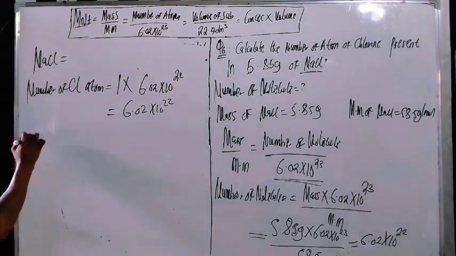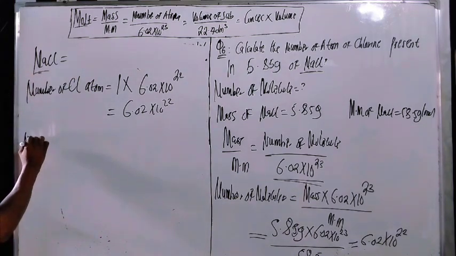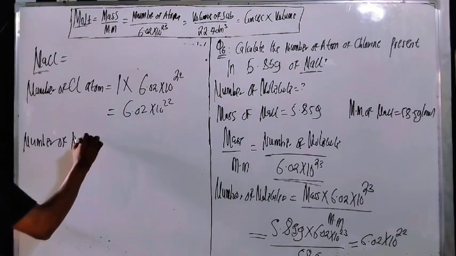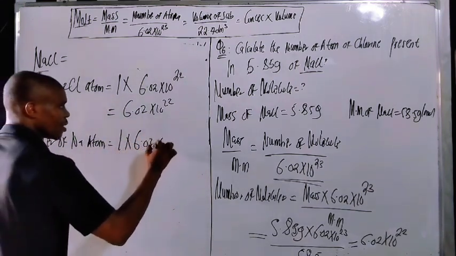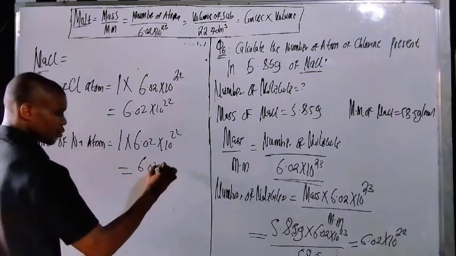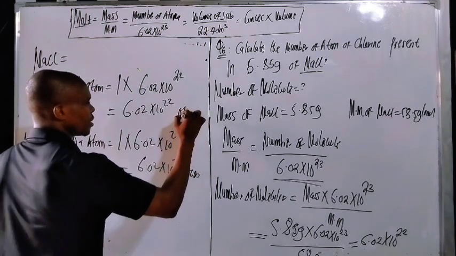The same thing here, as they ask for sodium. Numbers of Na atoms. It's going to be 1 times 6.02 exponential 22. Do you see that 6.02 exponential 22 atoms? You put atoms there. That is it.